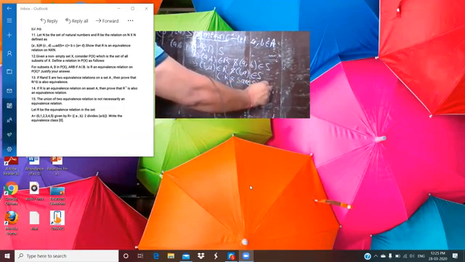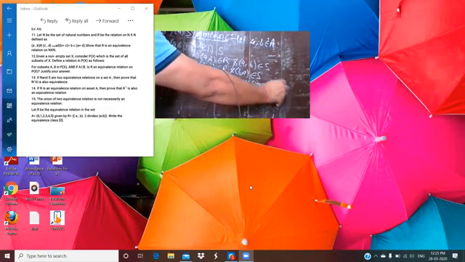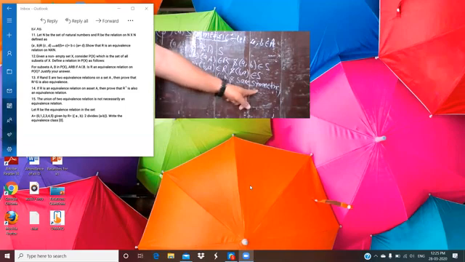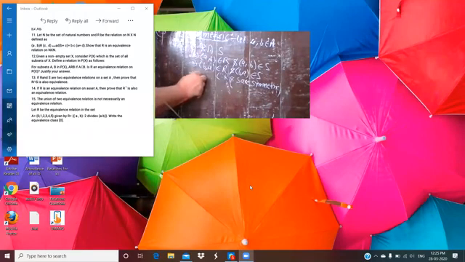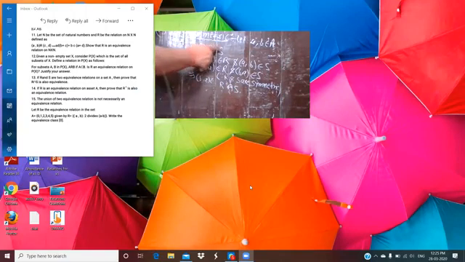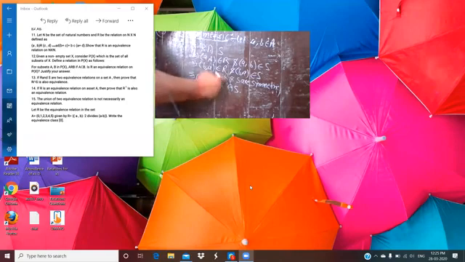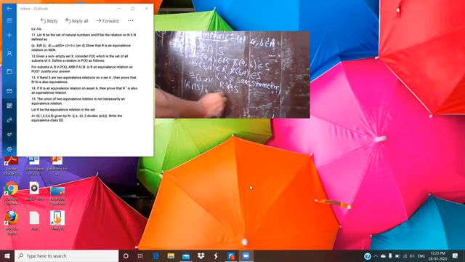Now if (b, a) belongs to R and (b, a) belongs to S, you can write (b, a) belongs to R intersection S. So what are you getting here? (a, b) belongs to R intersection S, and finally (b, a) belongs to R intersection S. So R intersection S is symmetric.